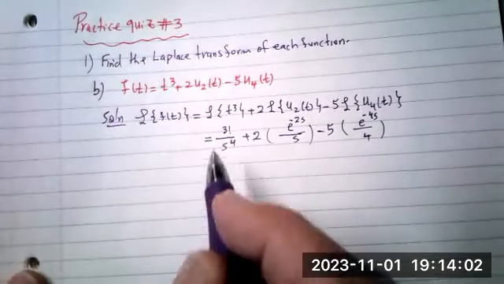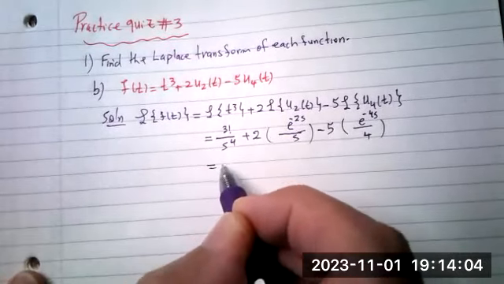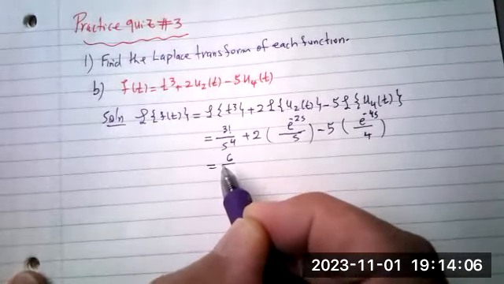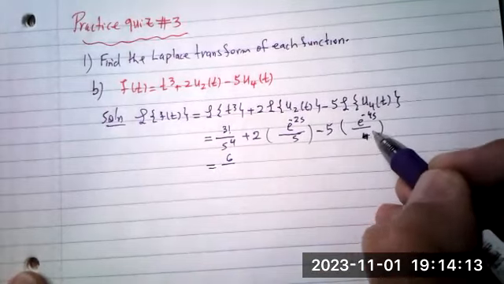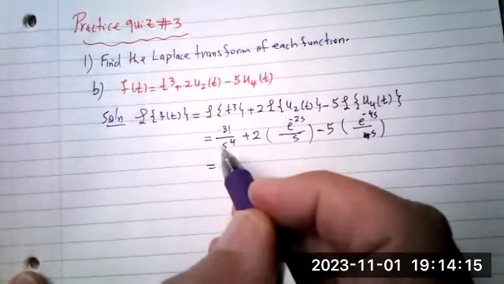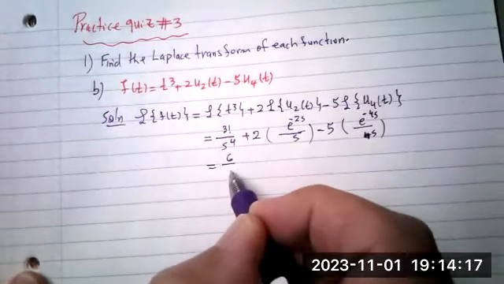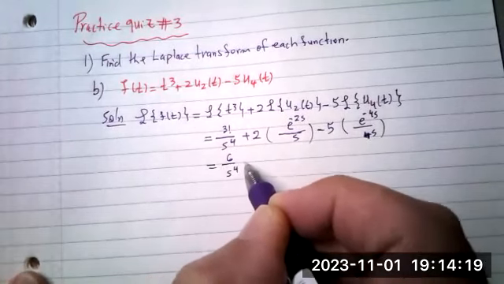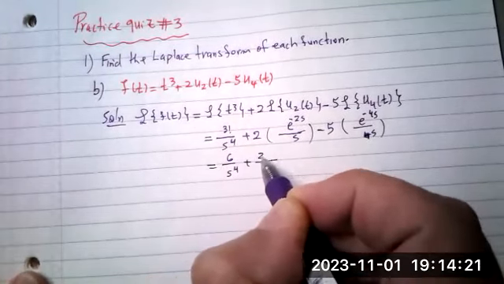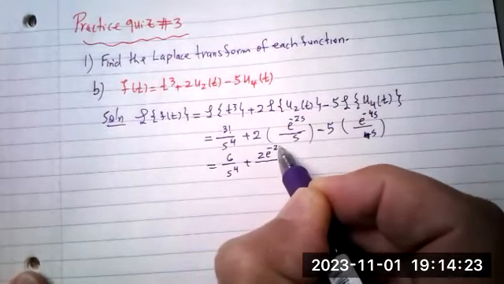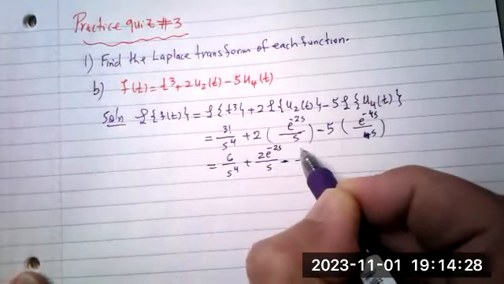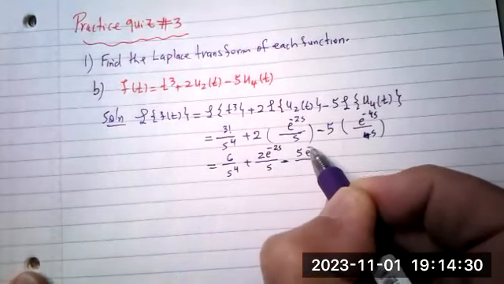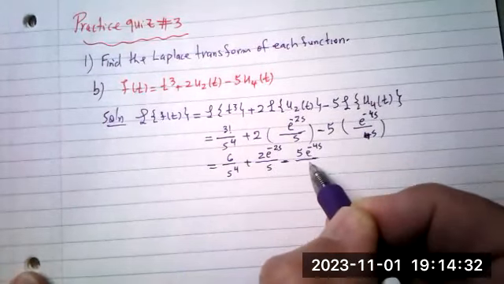That's it, simplify a little bit. 3 factorial would be 6, so 6 over s to the 4th, plus 2 e to the negative 2s divided by s, minus 5 e to the negative 4s divided by s.